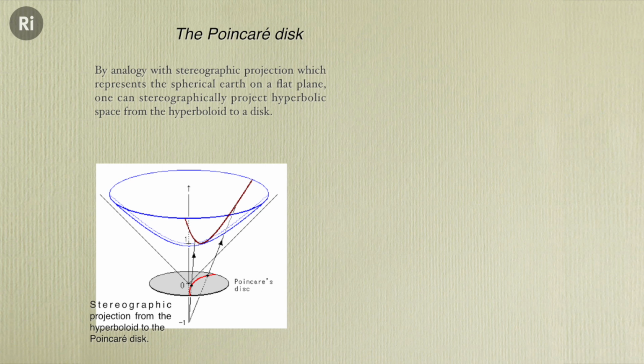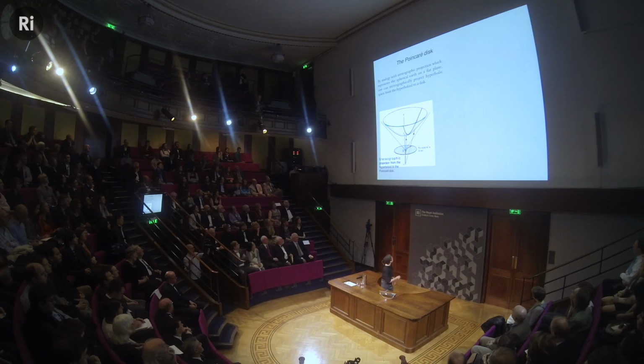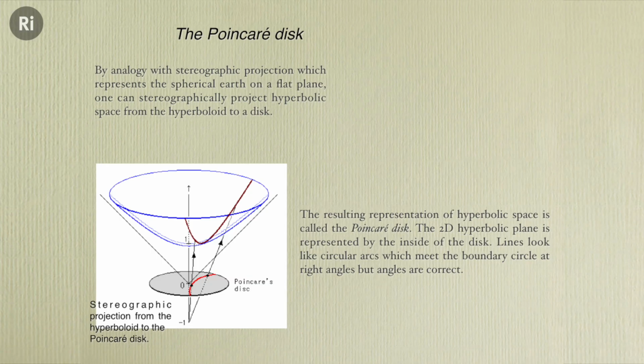onto this circle. And this is the first time Poincare's name comes up. His name will come up repeatedly through the talk. We project it onto this circle. Now, I didn't say, but a shortest distance path on this thing turns out to be the intersection of a plane through the origin with this hyperboloid, this blue object.